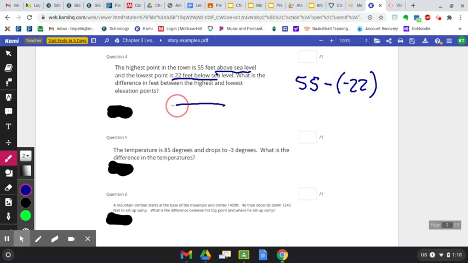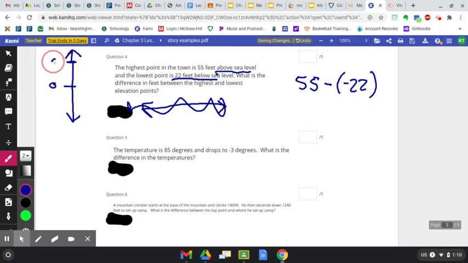We said a number line helps us visualize this. Let's do a vertical number line, which we haven't really looked at. But if this is sea level at 0, and I have this 55 feet above, and then below sea level would be negative 22, right?